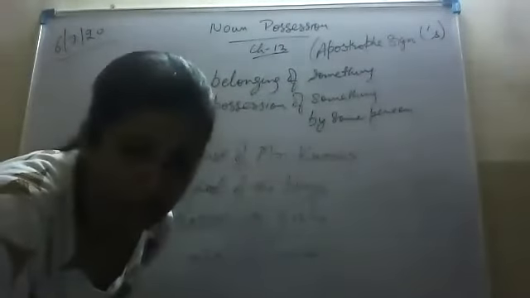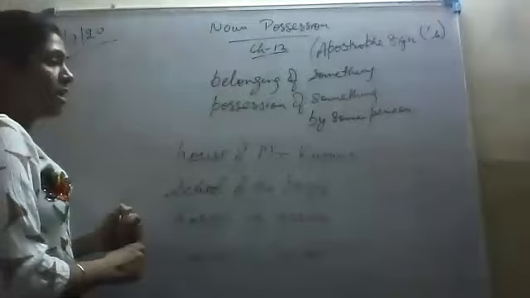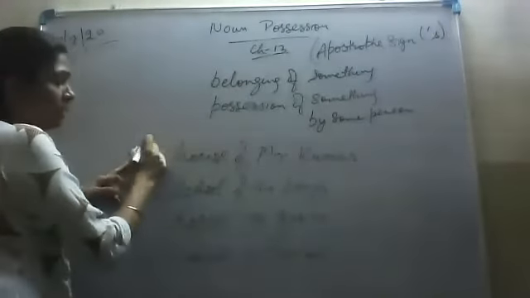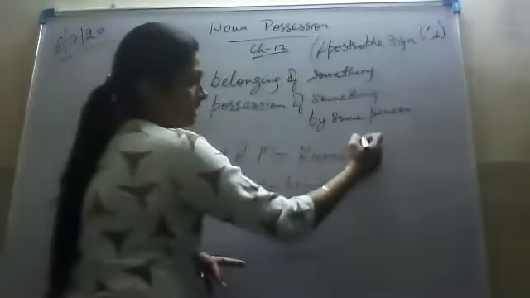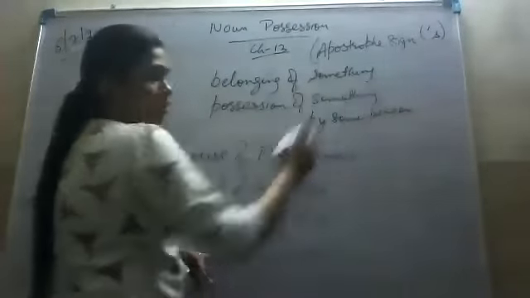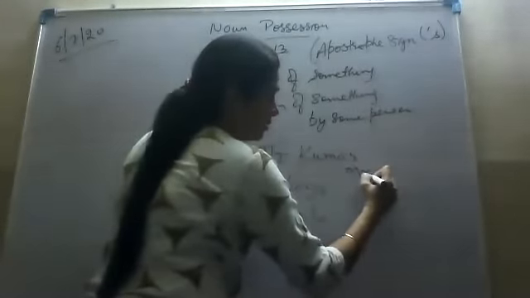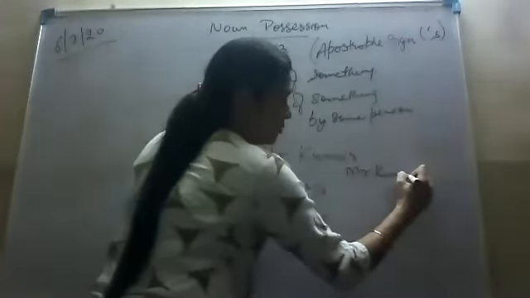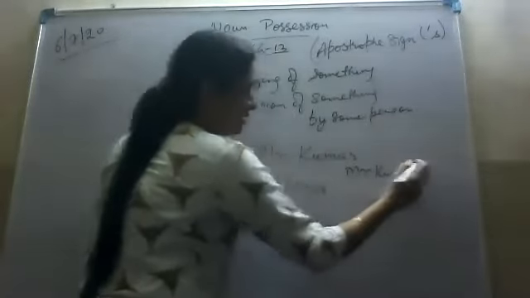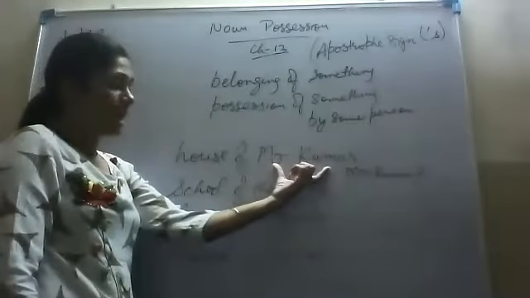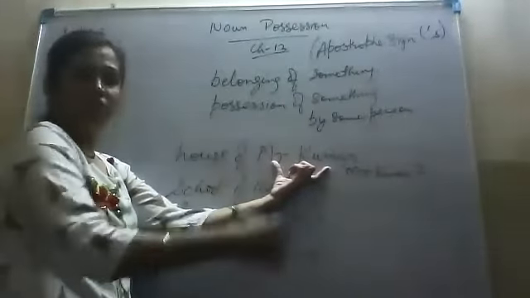Okay. You can give the answer. RN, you have written Mr. Kumar, house. But this is one way of writing it. When we write it using the apostrophe sign, you also have to put the apostrophe sign. So the right answer will be Mr. Kumar's house. We first write the name of the person or the noun about whose possession we are going to show.